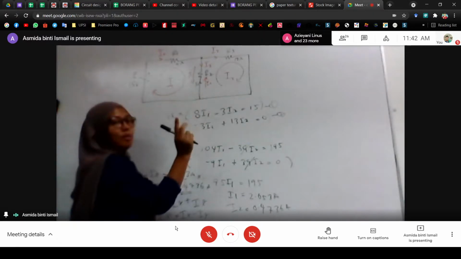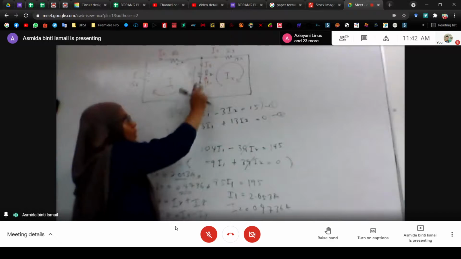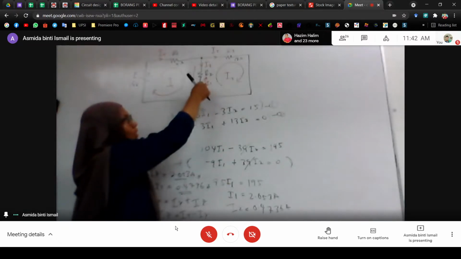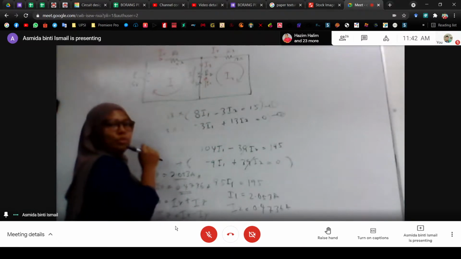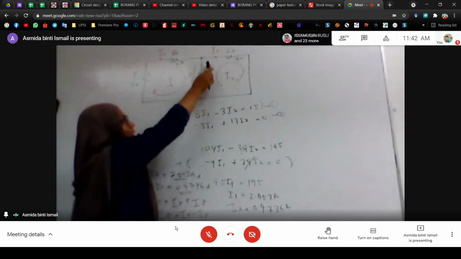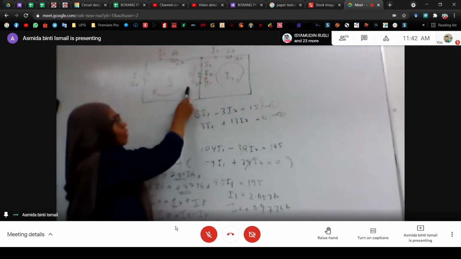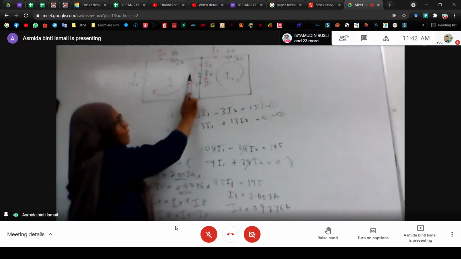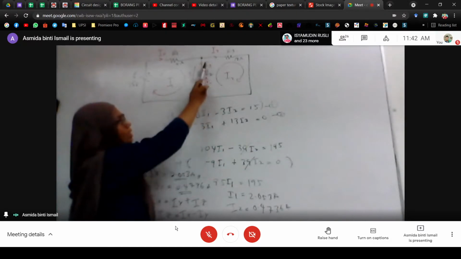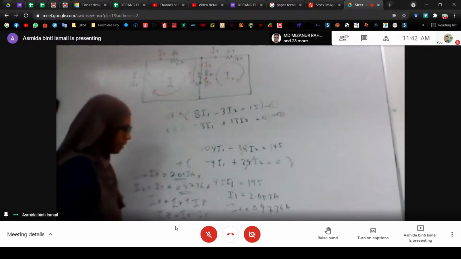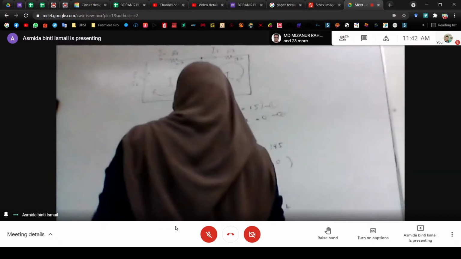Both currents I1 and I2 flow through this R2, so to get this Iz, you need to subtract: I1 minus I2 is equal to Iz. Okay, one of these.